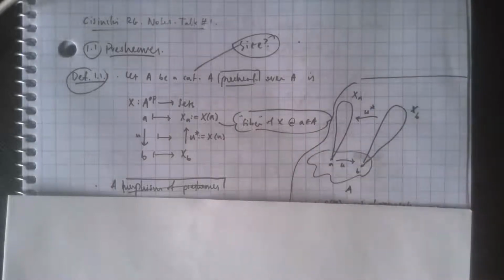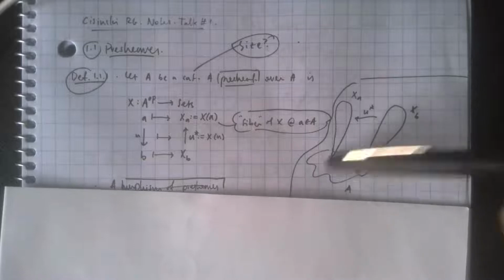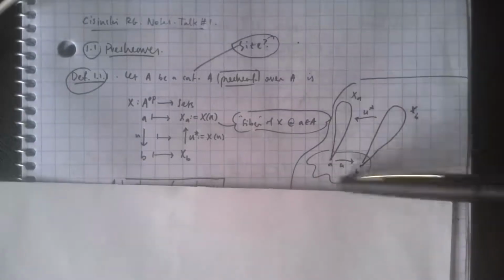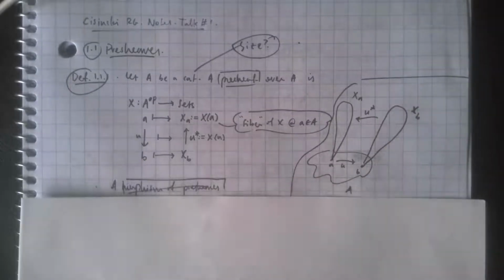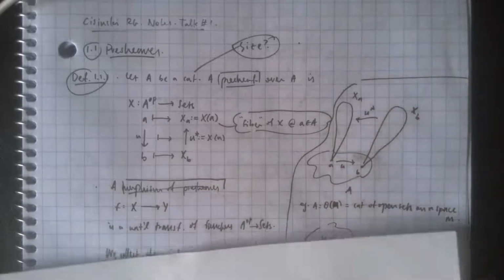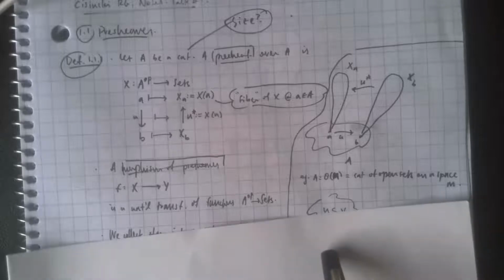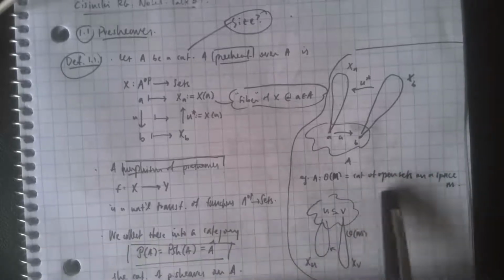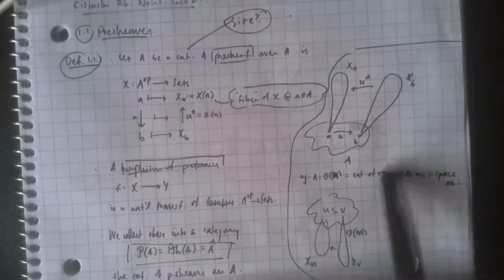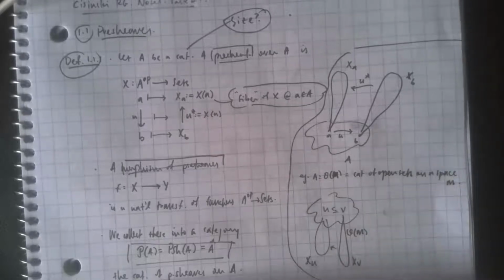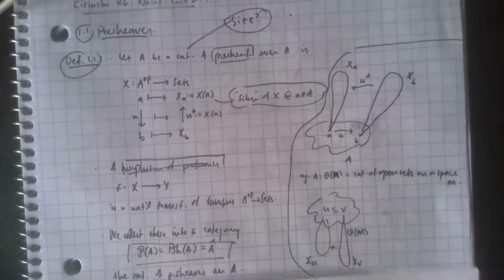And a presheaf, to me, associates each object to some kind of, this is my way of visualizing a set. Anyway, this is a bad metaphor, so maybe don't get too hung up on that. But there's an example of open sets on a space. This is what you see in algebraic topology, this kind of presheaf, right?